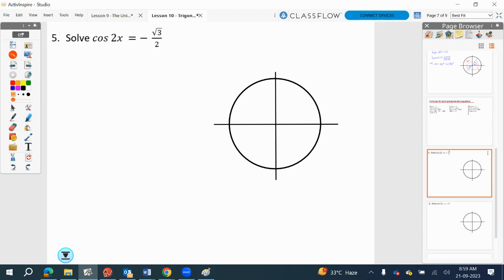Cos 30 is equal. So the first thing is to do the arc cosine.